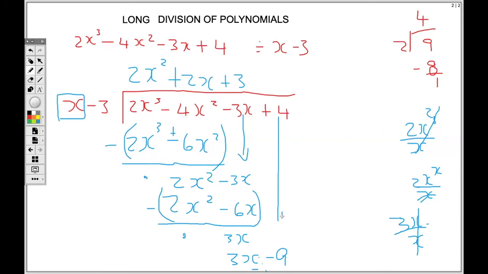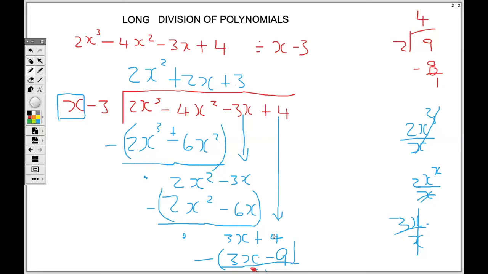Carry down the 4. Have our subtraction sign. Now let me have this in a different color. So 3x minus 3x, that's 0. Negative and negative is positive.